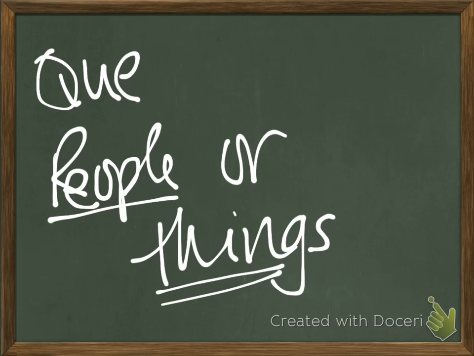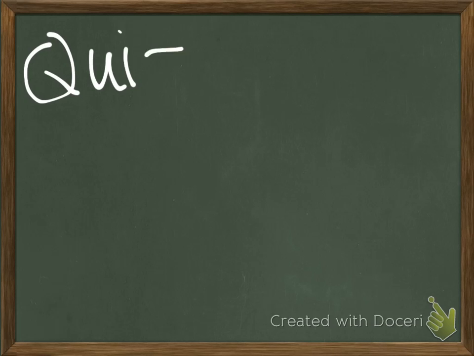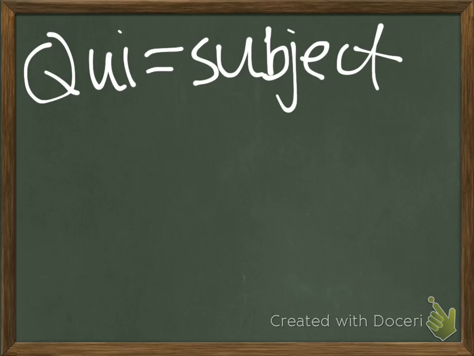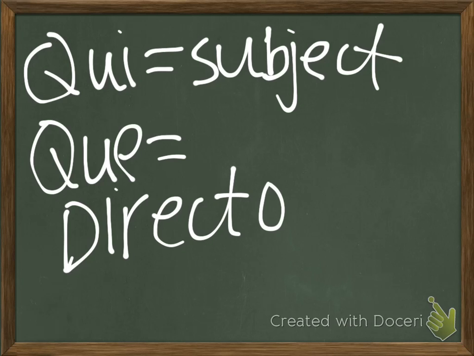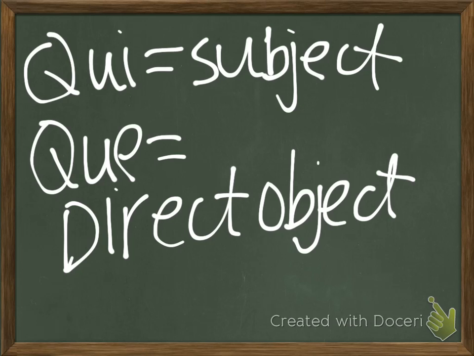Now, on the other hand though, while qui is the subject of the verb that follows it, que is the direct object of the verb that comes after it.